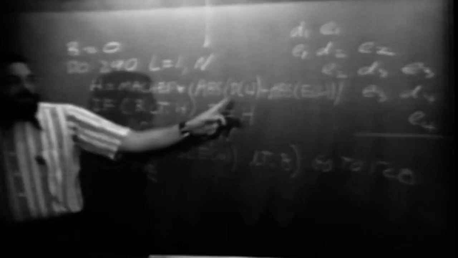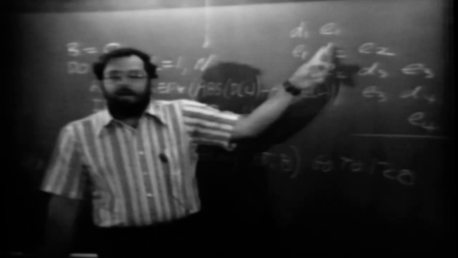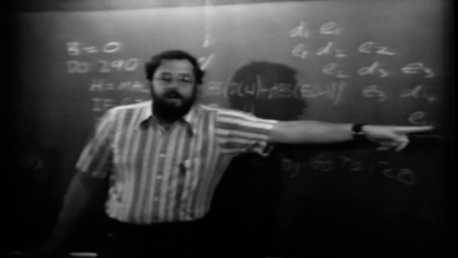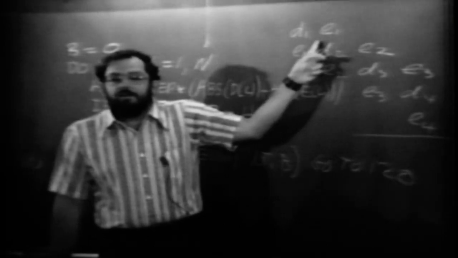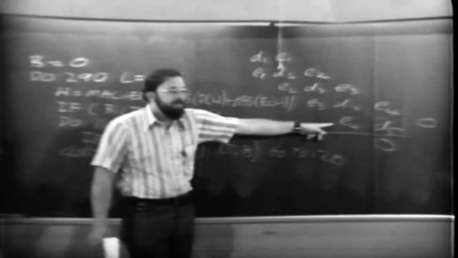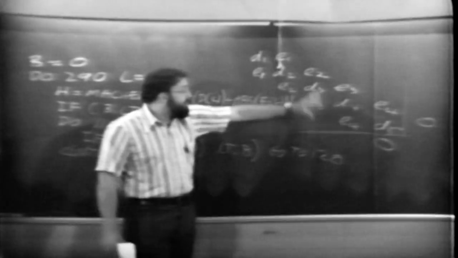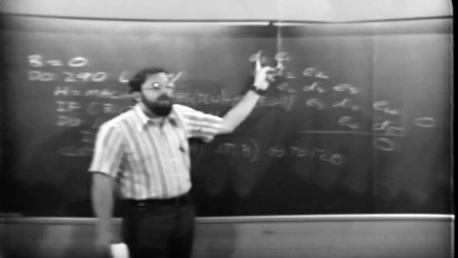So the tolerance is machine tolerance times a quantity which gets bigger as you go down the matrix. Right? So this has to do with the grading. We present it with the small elements up here and the big elements down here. And that means we have a tighter tolerance, a smaller tolerance up here than we will have when we get down to the end of the matrix. Right? Now, if we presented the matrix the other way around, we would start off with the big element up here.